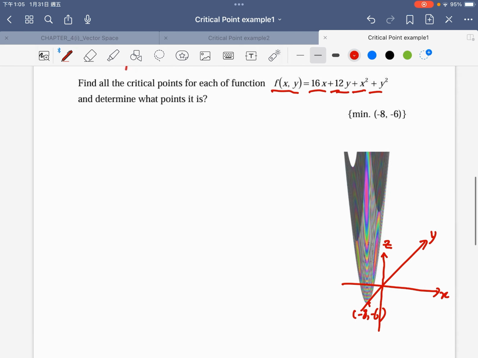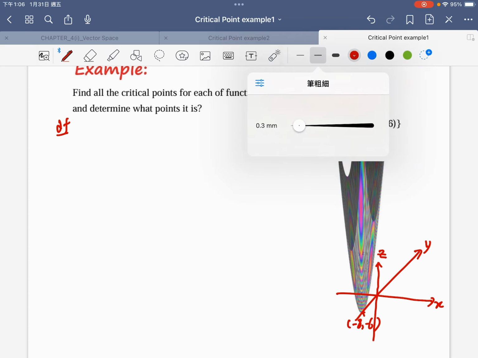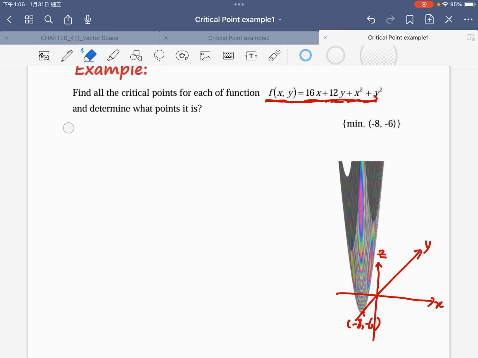For the first step, we take the partial derivative of this function with respect to x, which gives 16 plus 2x, and ∂f/∂y, which is 12 plus 2y.